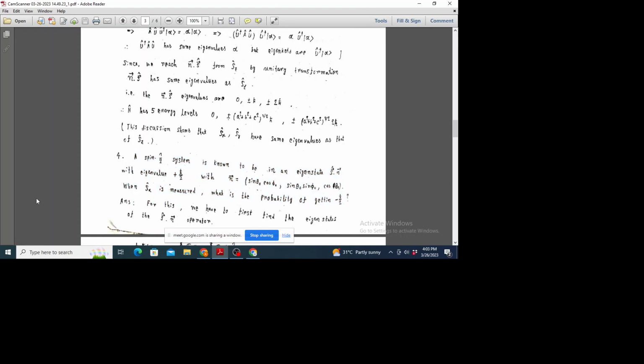Okay, so how to do it? This is a simple spin-1/2 system. So we can try to solve the eigenvalue-eigenvector relation for this S dot n operator, because that will involve only the 2 cross 2 Pauli matrices. Those are very easy to manipulate.